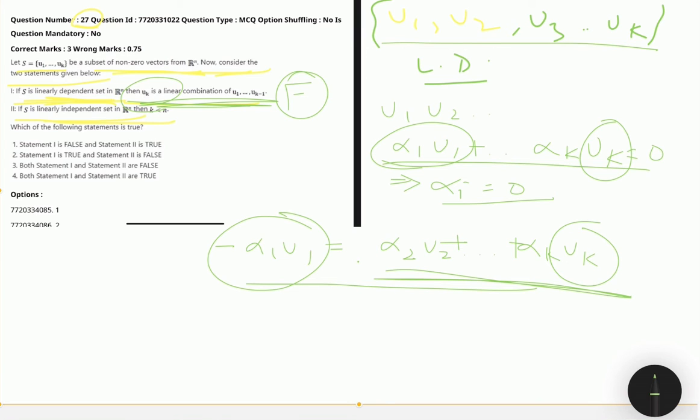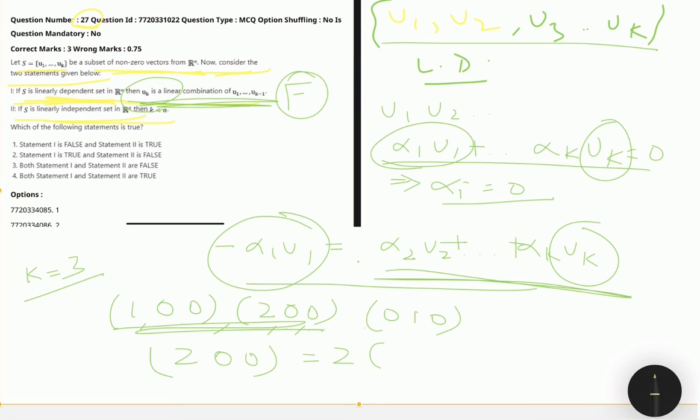Also you can take some example if it's not clear to you. We can take (1,0,0), then (2,0,0). Let's consider k is equal to 3. Now (1,0,0), (2,0,0) we have, and the third one we can take to be (0,1,0). Now clearly these two are linear combinations of each other because (2,0,0) equals twice (1,0,0), right?